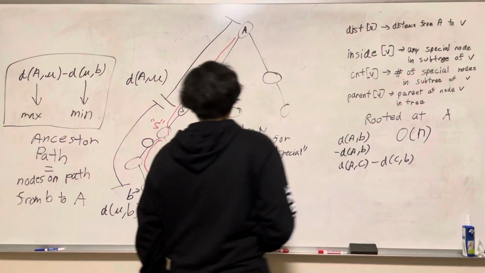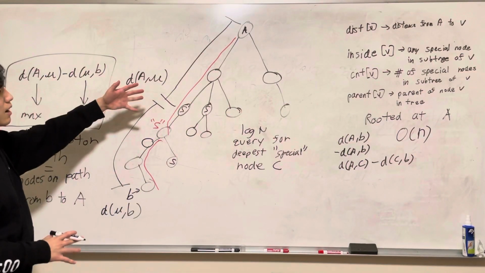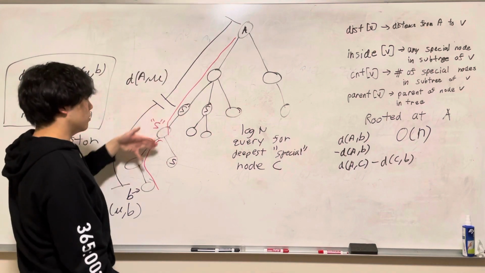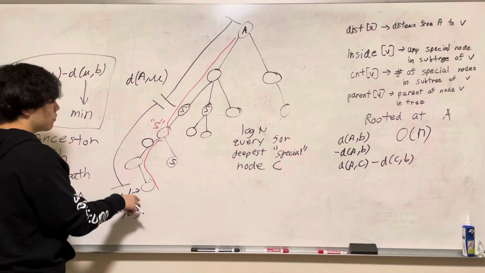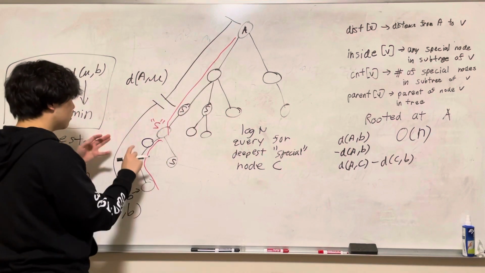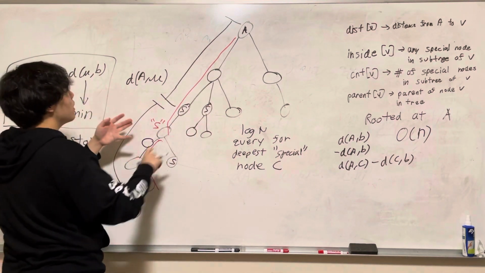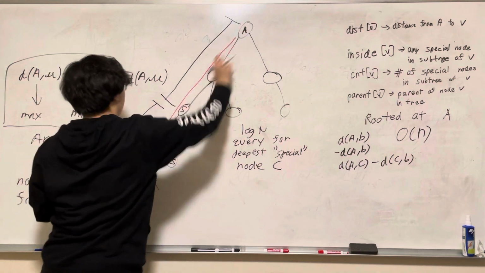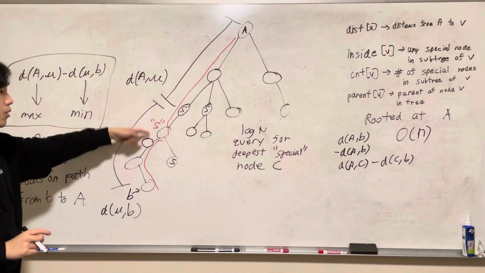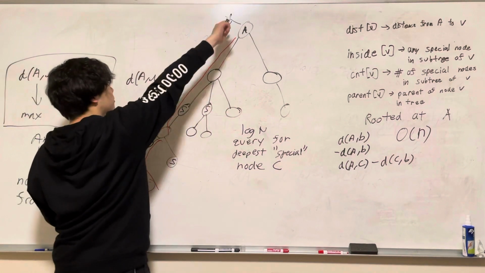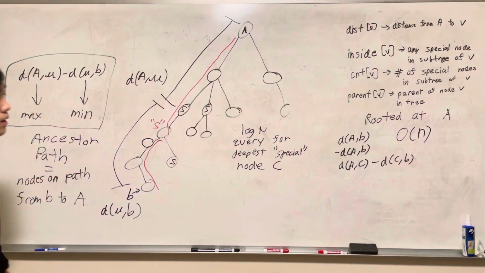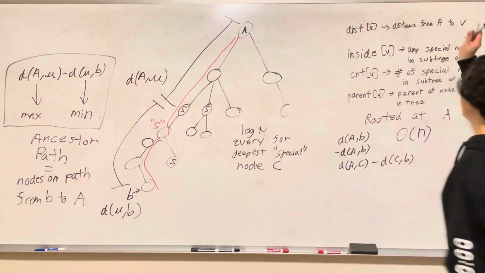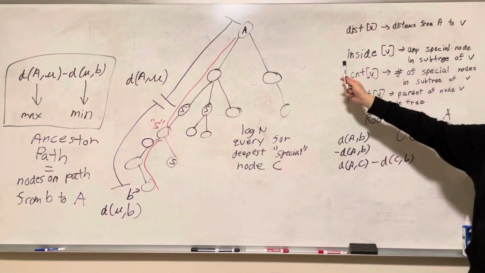And we can just use subtraction to determine these distances in the first place. A to U is just this distance itself. If you wanted to find distance from U to B, it would be this distance over here, subtract this distance over here. And so that's why maintaining these values is sufficient.